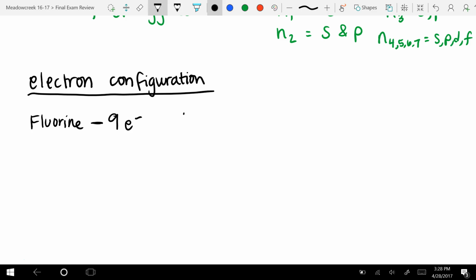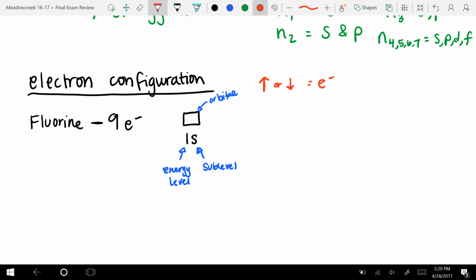So let's draw that as our boxes. If I'm talking about 1s, the 1 is referring to my energy level, the S is referring to my sublevel, and the box is my orbital. And I'm going to draw arrows up or down.